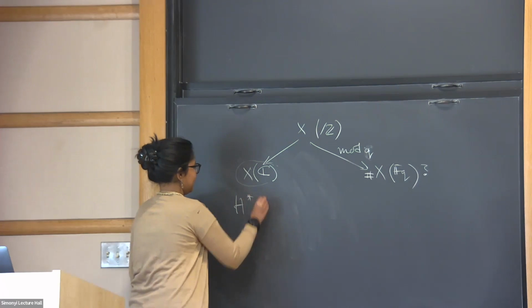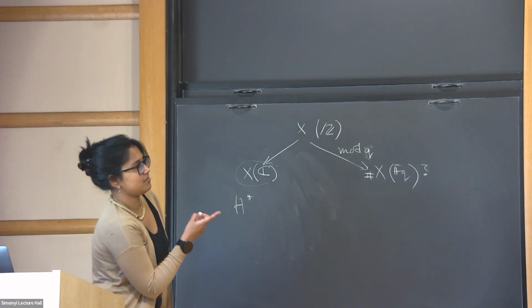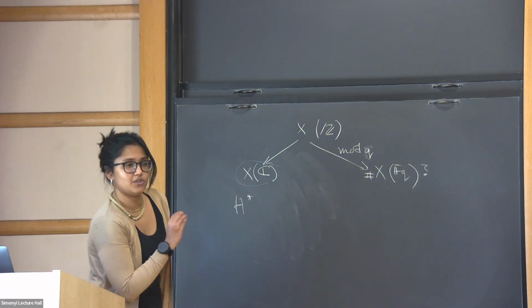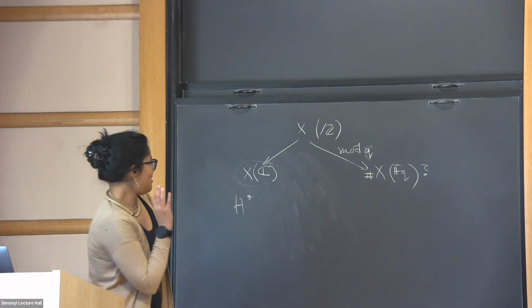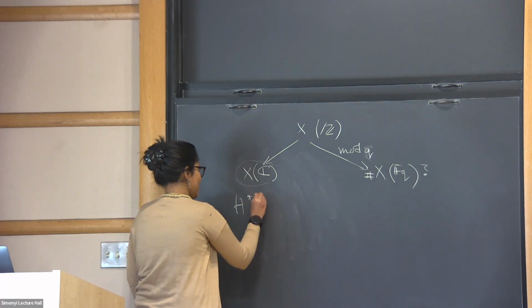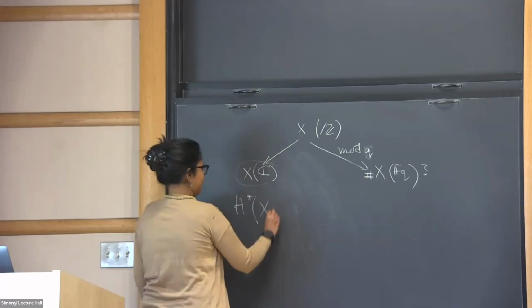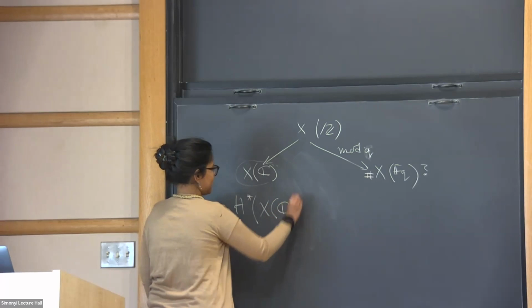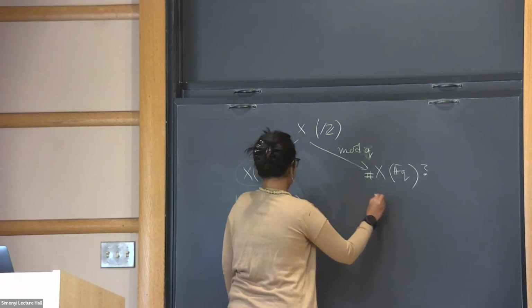And thanks to this, we'll treat it as a black box, the Weil conjectures, which hasn't been conjectures for a while now. But thanks to that, we can switch back and forth between this guy and this guy.